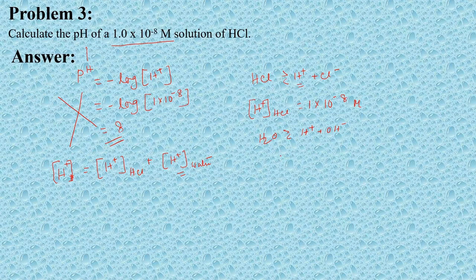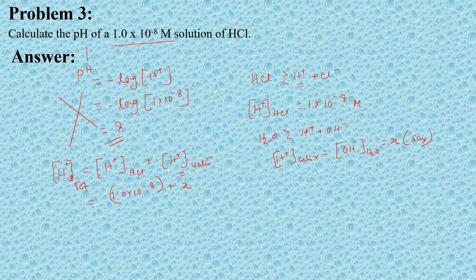So this H plus ion of water is equal to the OH minus of water, which we consider as X. So this is X. So H plus total is equal to, for HCl, 1 into 10 to the power minus 8, and from water this is X.